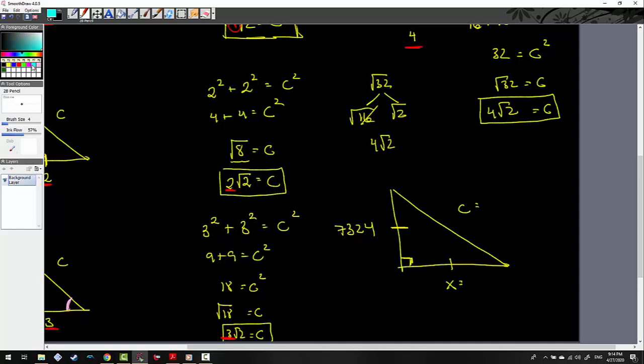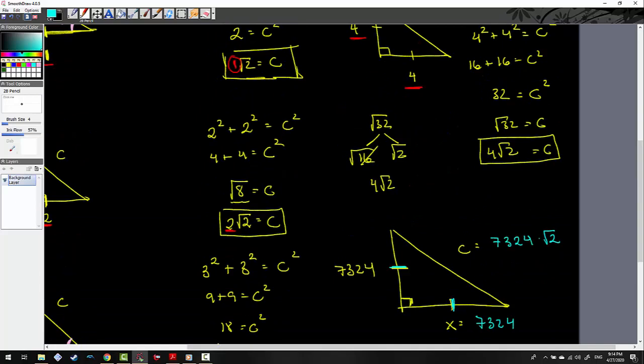Then, based on the pattern, you might be able to tell, well, the tick marks here are telling me that the sides are the same. So if this vertical side is 7,324, then the horizontal side must also be 7,324. And again, if I told you without a calculator, square both sides and then add them together, you could tell me, no, I don't want to do that. I know the special right triangle relationship, and this is going to be 7,324 times, you guessed it, the square root of 2.